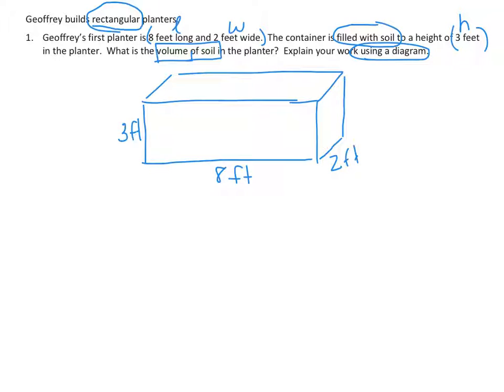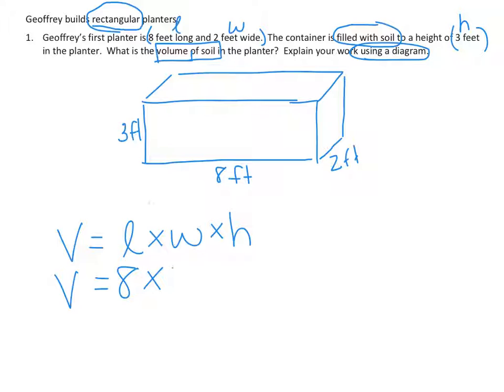So what's the volume of our soil? So volume is V equals, my equation is length times width times height. Yes, we always write that. So now I'm going to plug in my numbers. I have 8 feet times 2 feet for my width times 3 feet for my height. 8 times 2 is 16 times 3.